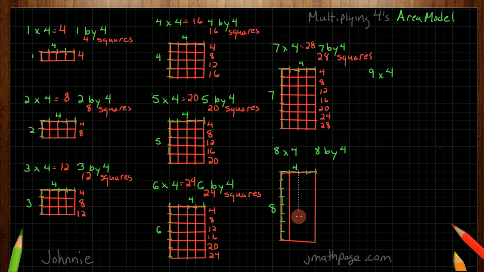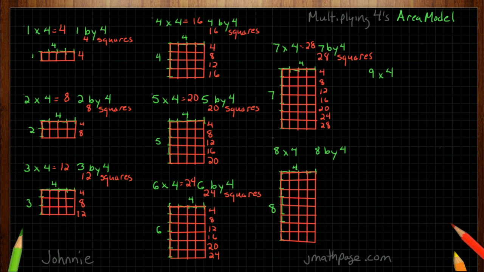1 column, 2 columns, 3 columns, and 4 columns. The number of rows: 1, 2, 3, 4, 5, 6, 7, and 8. So 8 rows and 4 columns.